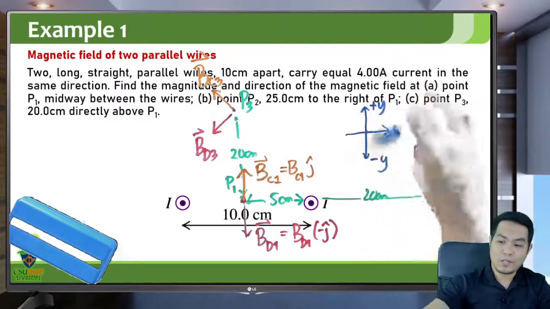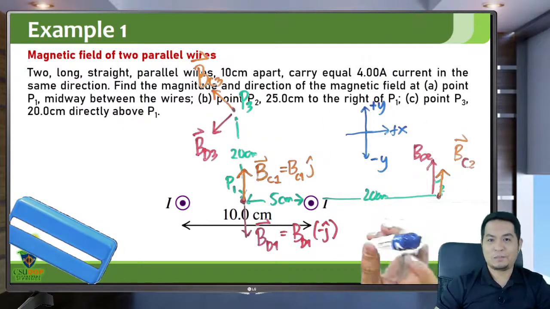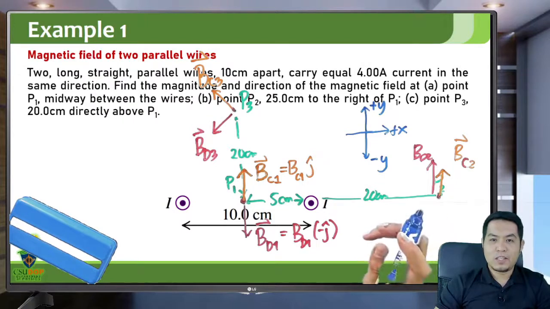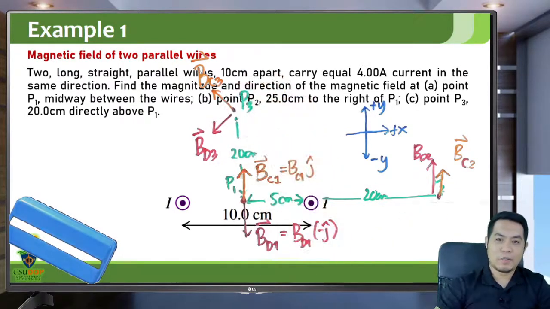Upwards is positive j hat, downwards is negative j hat. So you now need to find the components of these two vectors, BC3 and BD3. But since they have the same length, you will notice that their y components will cancel each other out.